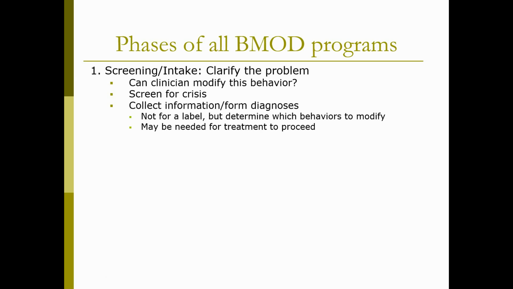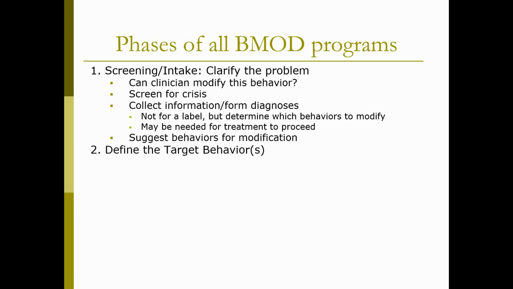So oftentimes with respect to insurance, some kind of a diagnosis has to be determined, a label has to be put forward so that the treatment plan can proceed and certain behaviors can be modified. It also might suggest specific behaviors for modification. So the diagnosis may come along with specific behaviors, and then the clinician knows what needs to be targeted for the intervention.